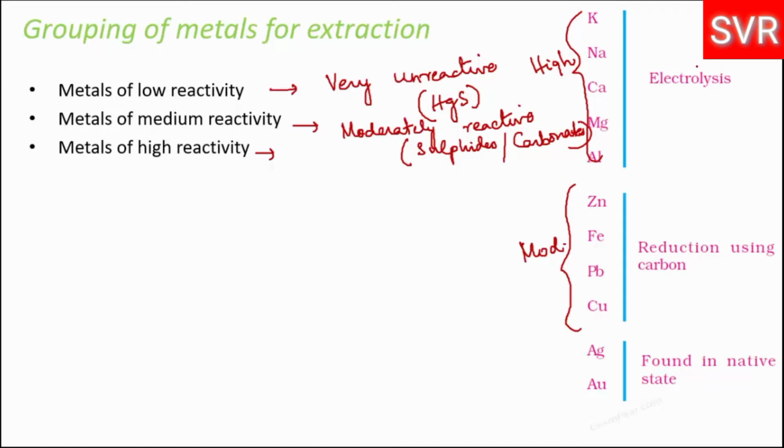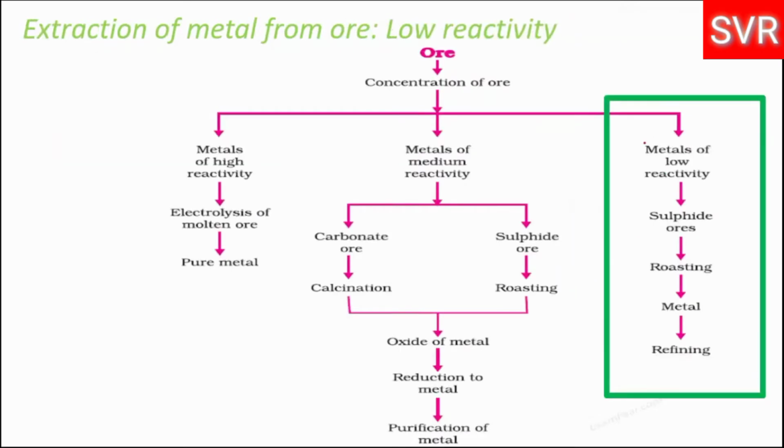All that I'm trying to tell you is we will talk about the extraction method of our metals, but there are different processes for these three categories. So we are going to talk about the processes for each of these categories: low reactivity, medium reactivity and high reactivity. Let us start with the low activity series, metals of low reactivity.